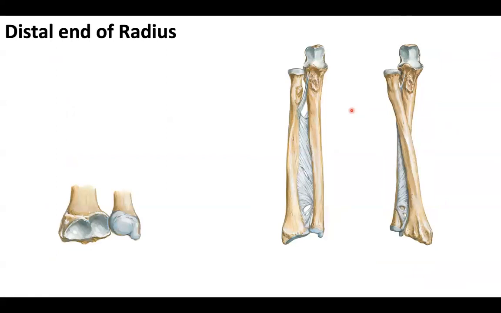When you see the distal end of radius, it contains the ulnar notch. As the name indicates, this depression or notch articulates with the head of ulna, and it forms the distal radio-ulnar joint. Like the proximal, the distal radio-ulnar joint is also a pivot joint.